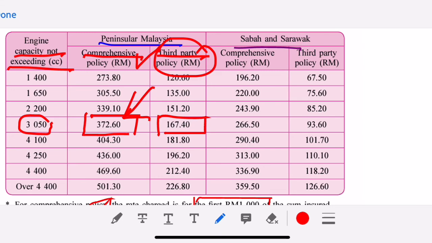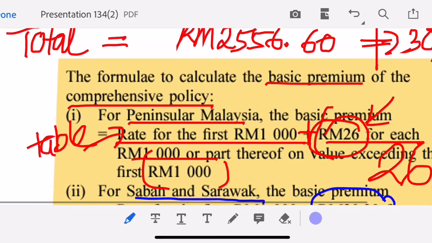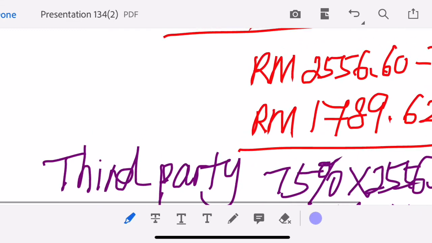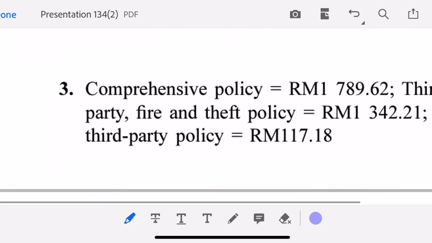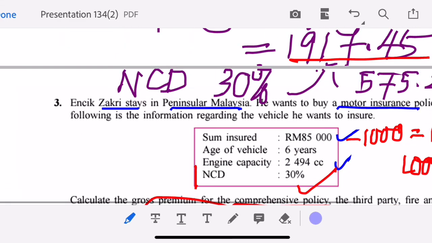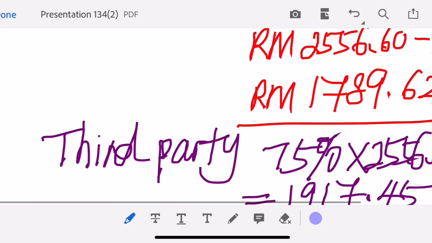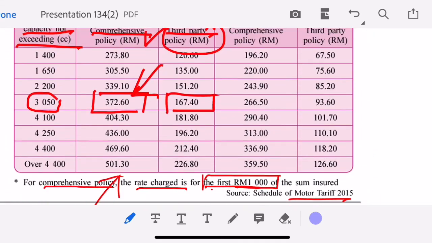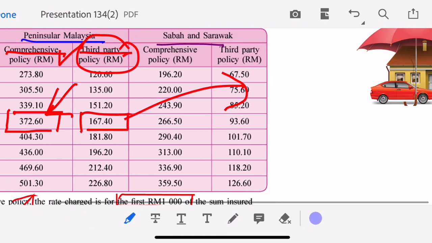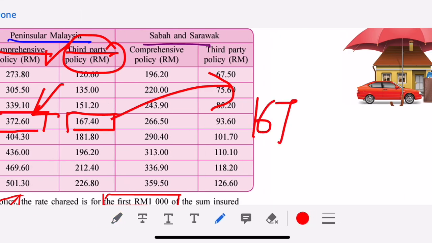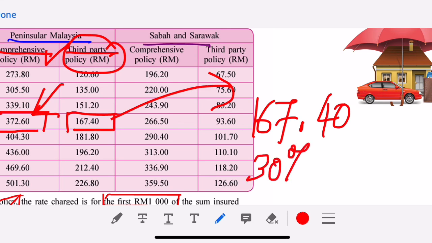So we are going to take 167.40, and then we times with the 30%, right?